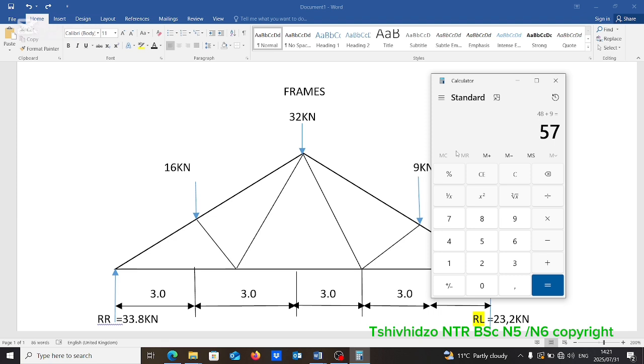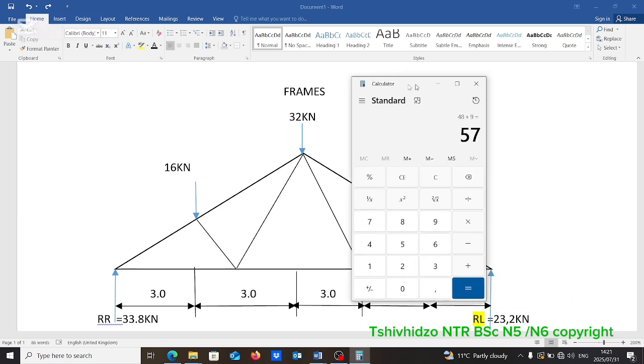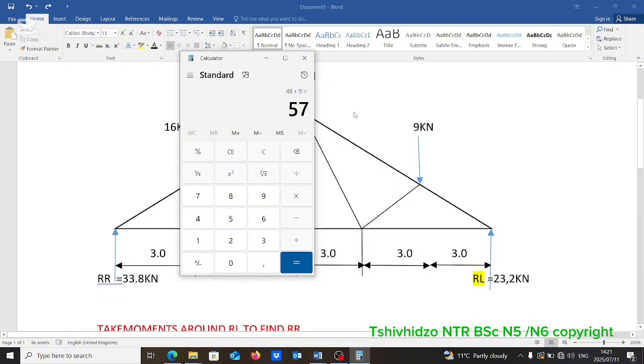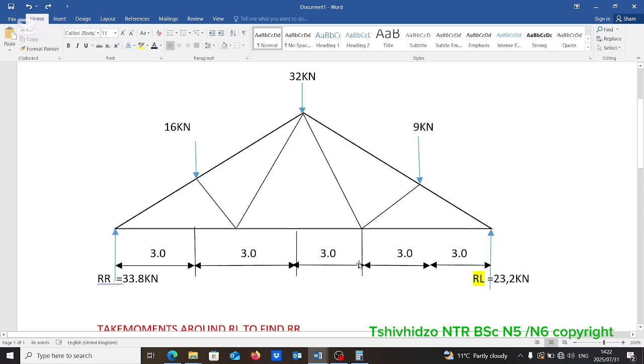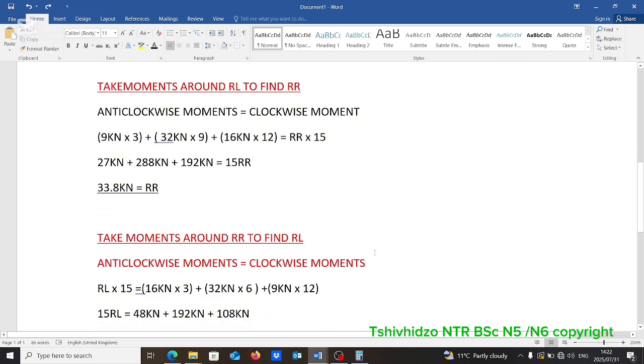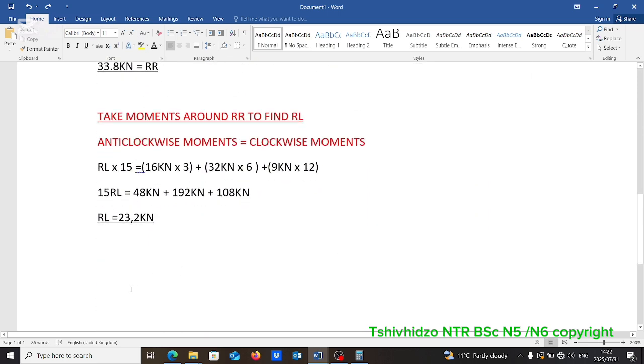These are our downwards forces. Let's go to the upwards force: 33.8 plus 23.2 equals 57. It means upwards force and downwards force are equal.